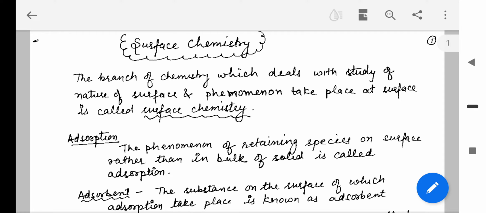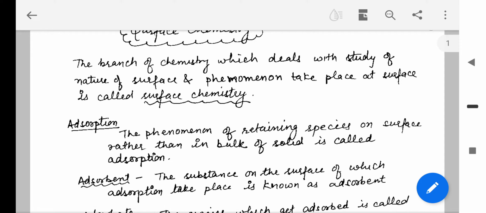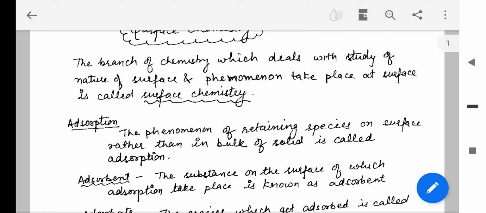Now the charcoal powder does not allow these foreign particles to come inside the mouth via air. What's the reason? Because surface chemistry is involved, adsorption is taking place. All those dust particles and microbes get adsorbed by those charcoal particles.